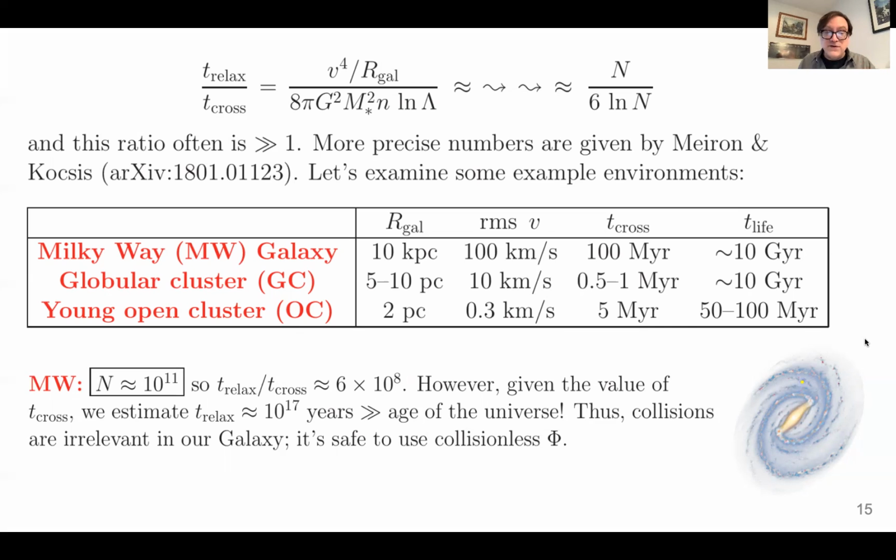This is the fundamental calculation that tells us that for large spiral galaxies, and large elliptical galaxies also, individual Coulomb-like collisions are unimportant and irrelevant. So again, the videos next week will all be applied to large systems like that, and we're not going to take collisions into account.